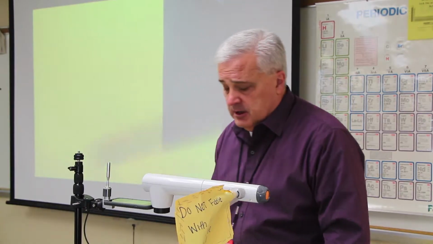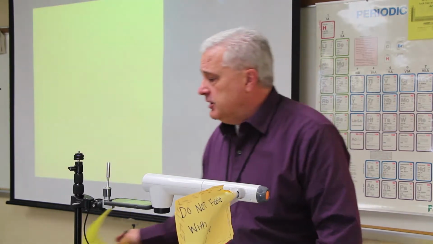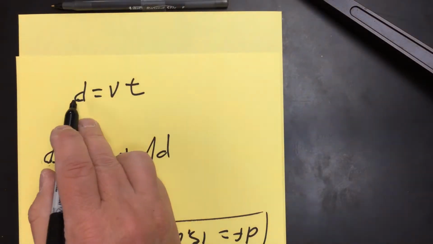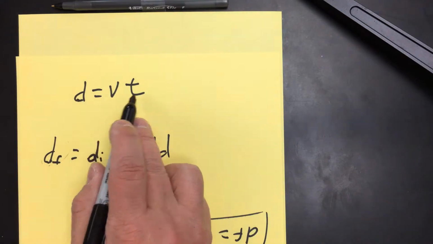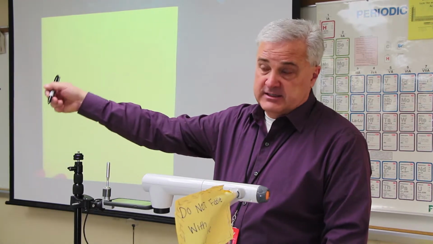So now we're going to go back to this equation, the delta d, and we're going to look at how that factors in. Because we already said that we can find the change in position using VT. So that equation now becomes how far something is from someplace else if it's moving. So here's the logic.